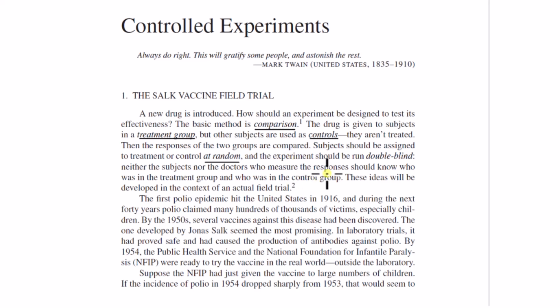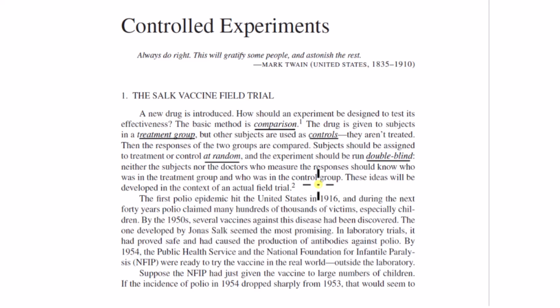That's important. And the experiment should be run double blind, meaning neither the subjects nor the doctors who measure the responses should know who was in the treatment group and who was in the control group. So you see what double blind means. The subjects are blind and the people analyzing the results of the experiment are blind. In other words, the subject doesn't know if they actually got the drug or not.